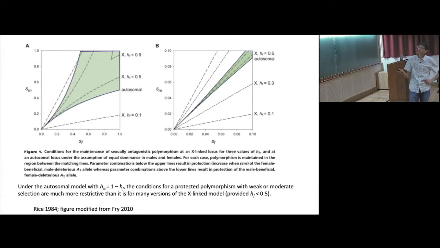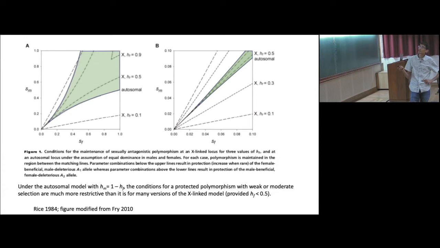So here's a figure that shows that, and so again, one axis is selection in females, the other axis is the strength of selection in males. And the shaded region shows where you would maintain the polymorphism in the autosomal case. And then it would be inside these different dashed lines that would show where you would maintain a polymorphism if the locus was on the X chromosome, and it's showing you for different levels of dominance.